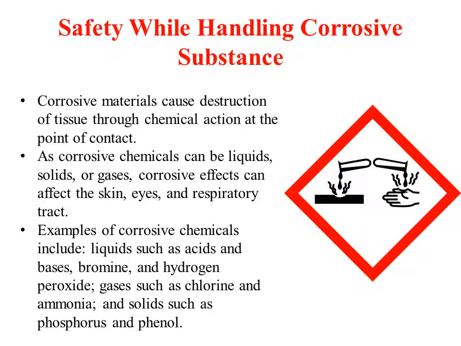So these are the different types of chemicals, whether in liquid, gaseous or solid form, which are used in industries. So great care has to be taken in how to use such chemicals without injuring ourselves.